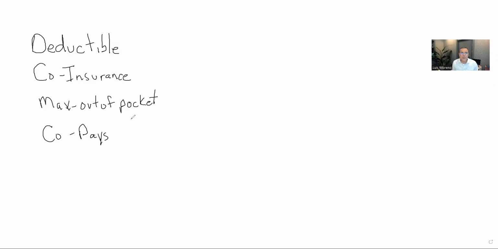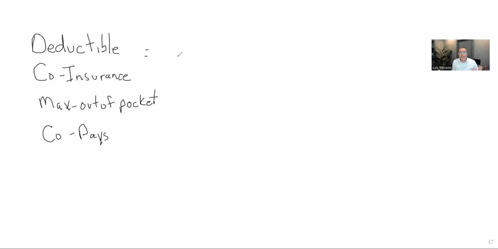And the easiest way to explain how they work is by taking a sample claim and just applying it. So I'm going to come up with some generalities here. So let's say that we run a plan, and I'm going to put some numbers in here just for the sake of the demonstration.